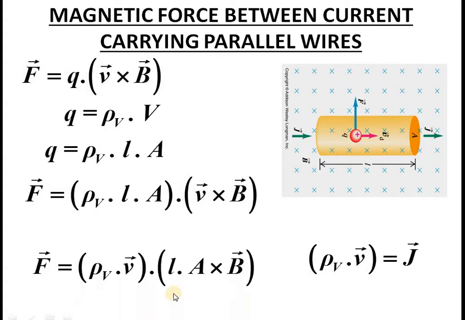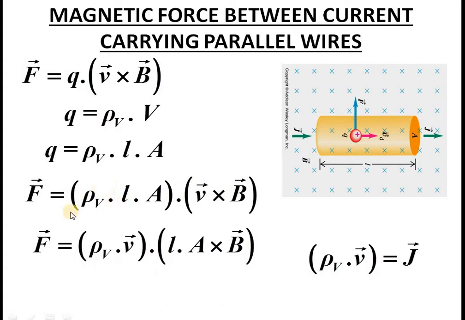Now we can make a small rearrangement without changing the sequence of the cross product, because the cross product order is very important. We took v here and L here, simply rearranging, but not changing the sequence of crossing.